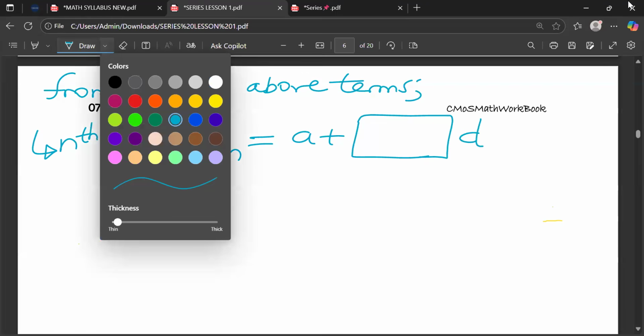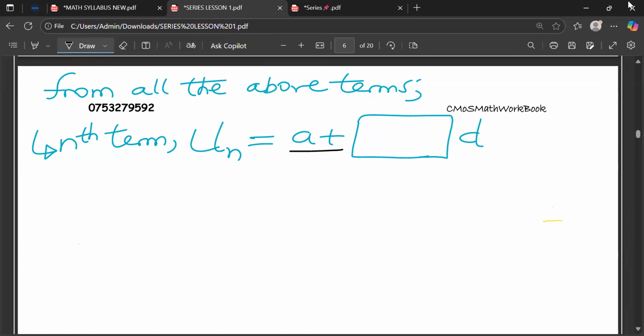So all of you tell me what I should put in the box. Because we all know A plus is a constant, even this D is a constant, but the problem is what to put here, which should always relate with what is here. So this time around we have n. What should I put there?